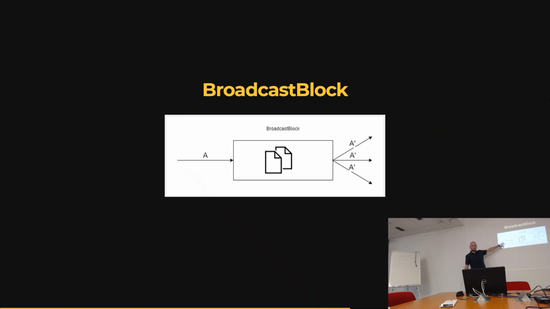This is because the broadcast block knows that the next blocks might mutate the values, and that would be a danger because of the concurrency in the blocks. So what you should do is make several copies of A and send them to the different blocks. The broadcast block itself accepts a delegate that should copy or clone the value.